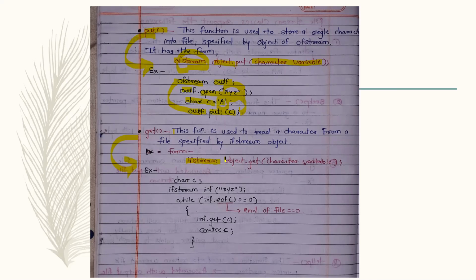Syntax: ifstream object dot get character variable. Okay, ifstream, file name xyz, while object of ifstream dot eof equal to 0, object get c.